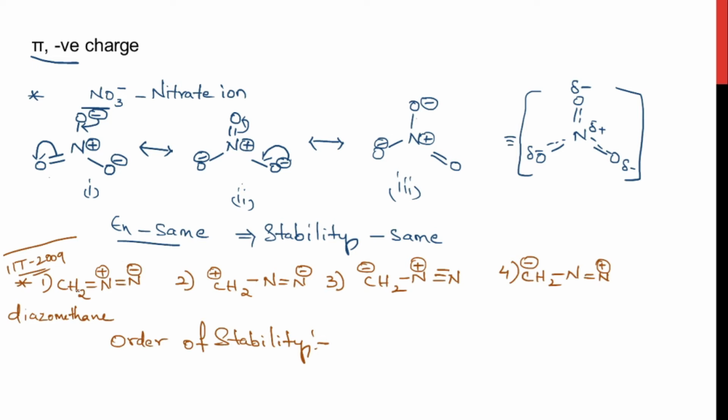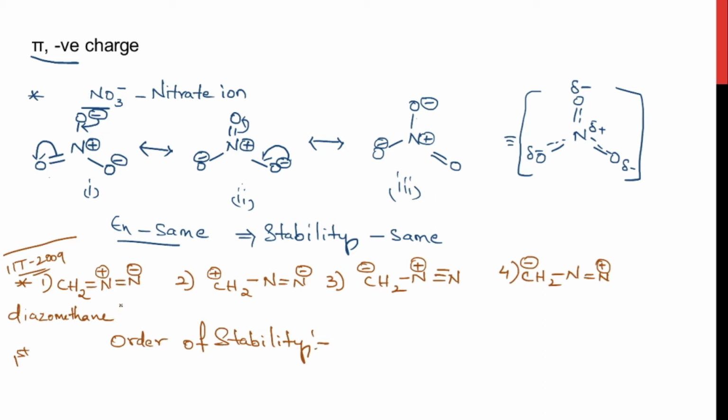Okay, so in the previous video we have learned 4 rules, which are going to help us in arranging resonating structures. The first rule is maximum number of bonds. The resonating structure which is forming the maximum number of bonds will be stable. Yes, in this first structure there are 2 pi bonds.